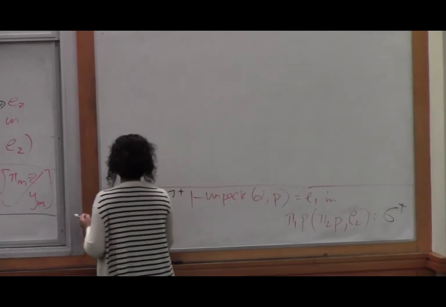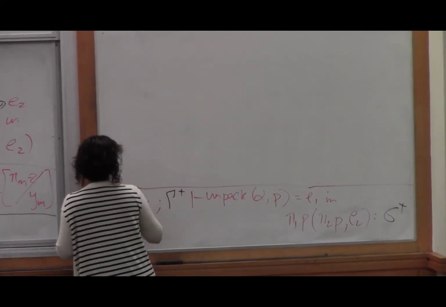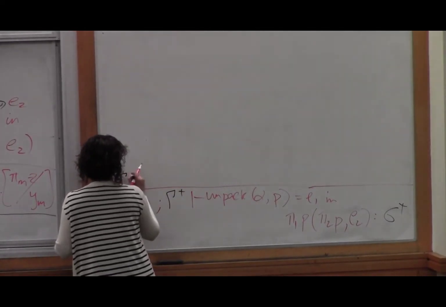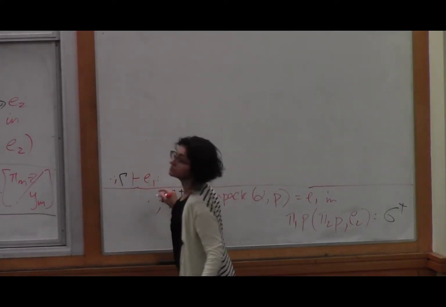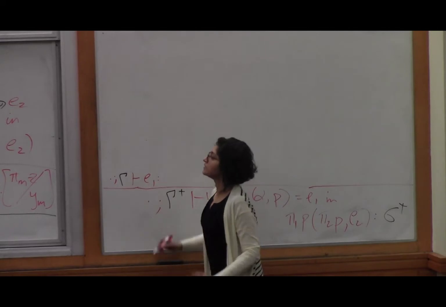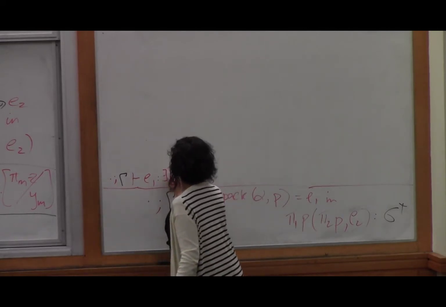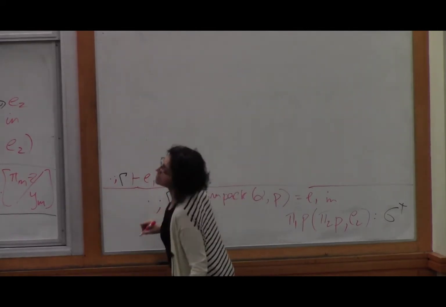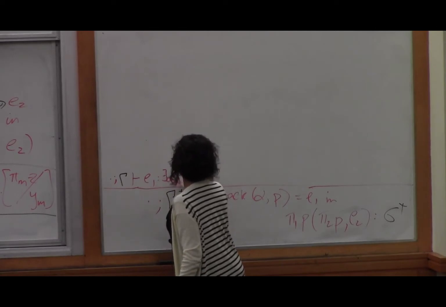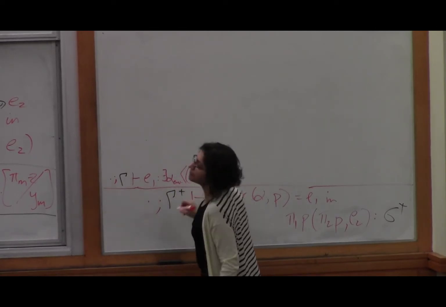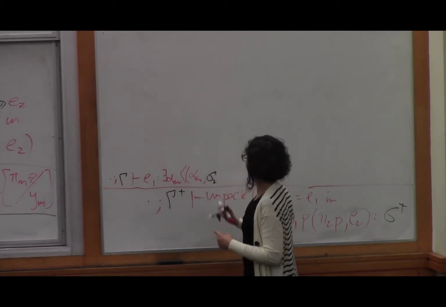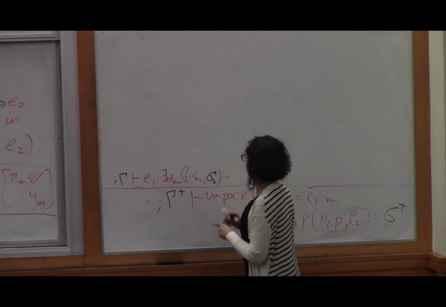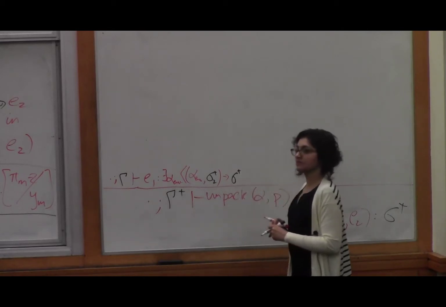So what can we say right here about the type of this E1? The translation of sigma 2 to sigma. So it's going to be there exists an alpha n such that we have alpha n paired with sigma 2 plus to sigma plus, right?